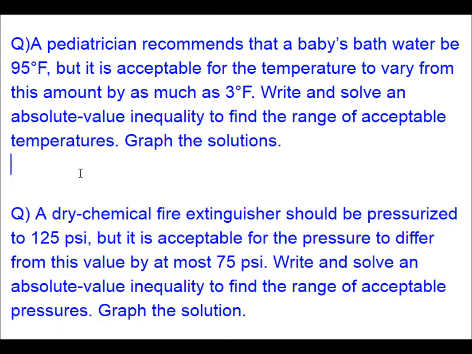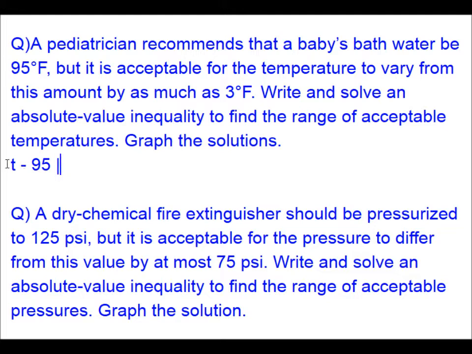So let's say the current temperature is T degrees Fahrenheit, and it can vary by 3 degrees Fahrenheit. So the current temperature T minus the bath temperature recommended by the pediatrician, 95, should be between -3 and +3.